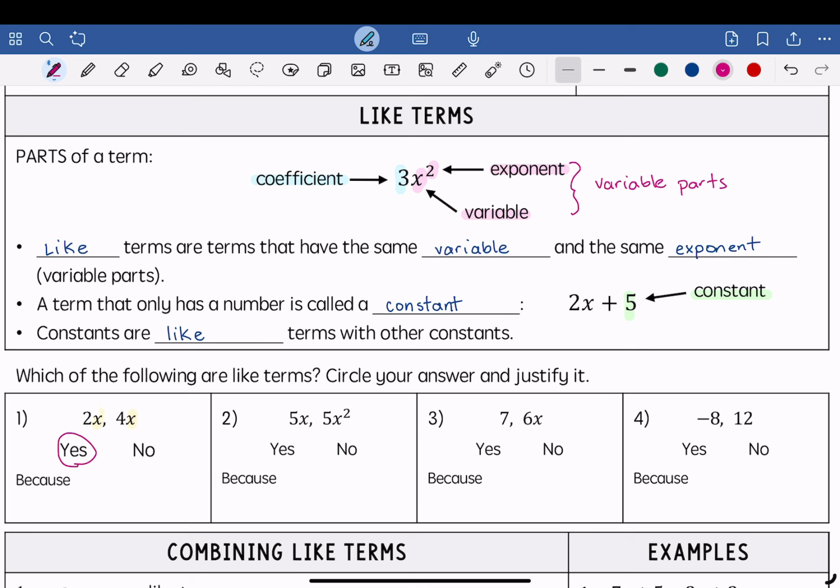So I'm going to circle yes, because they have the same variable parts. Let's look at question 2. We have 5x and 5x to the power of 2. So although they both have an x, this one has an exponent of 2. So the variable parts are not the same. I'm going to circle no, because the variable parts are different.